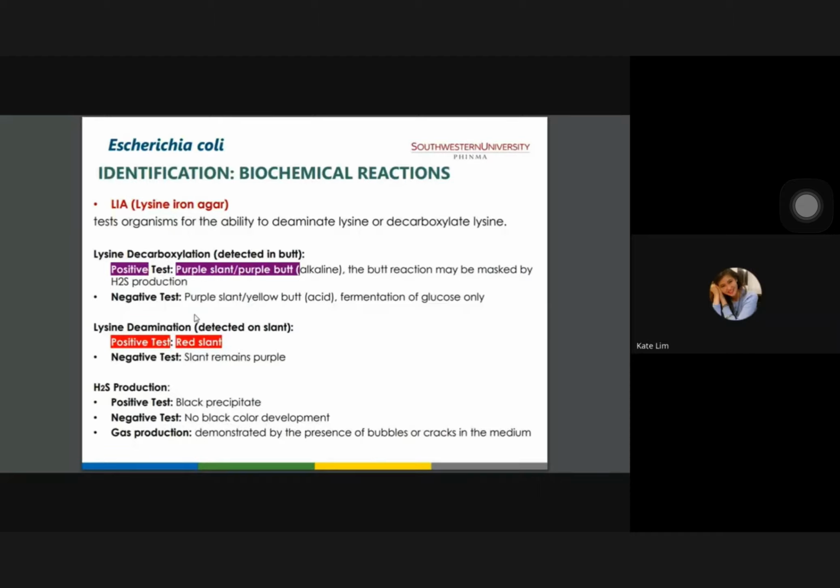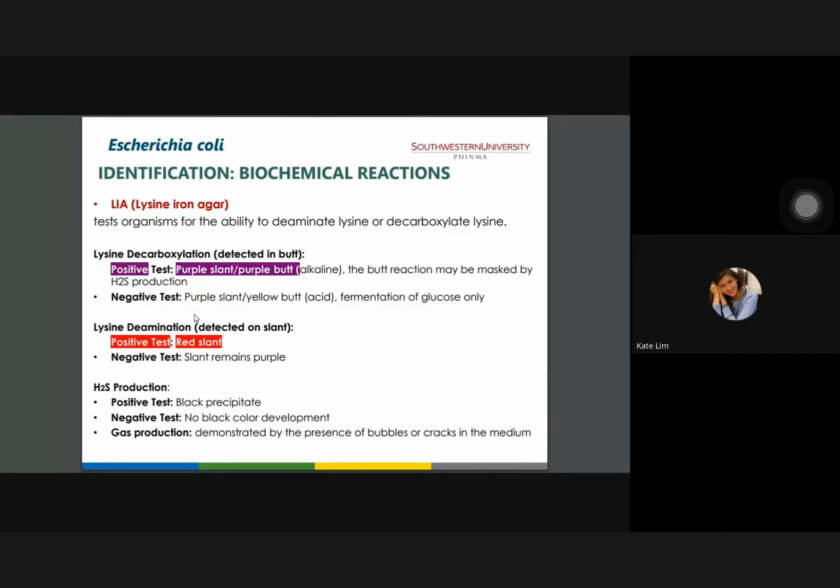What is the rationale? If decarboxylation is happening, there is production of cadaverine, and your cadaverine would neutralize the acids formed by your glucose fermentation, reverting the medium back to its alkaline state. It will now become purple, so it is positive.